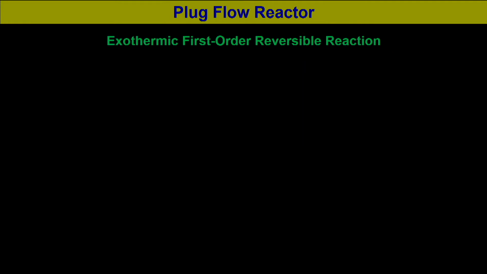The discussion of the batch reactor has been slightly modified and discussed over here. So, let us consider a single first order reversible reaction, A to B. We can write the rate R is equal to k1 CA minus 1 by K CB.